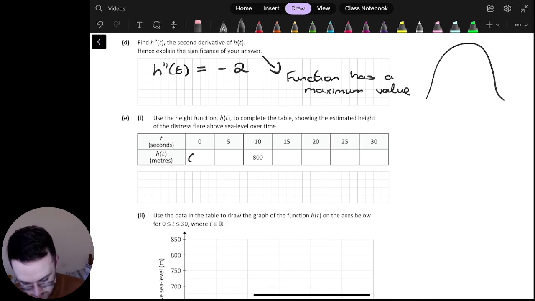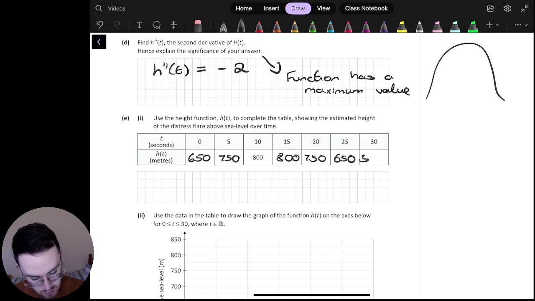So we get 650, 750, 800, 800 again, 750, 650, and as expected we get the values going back down, because as my rocket goes up it has to come back down.